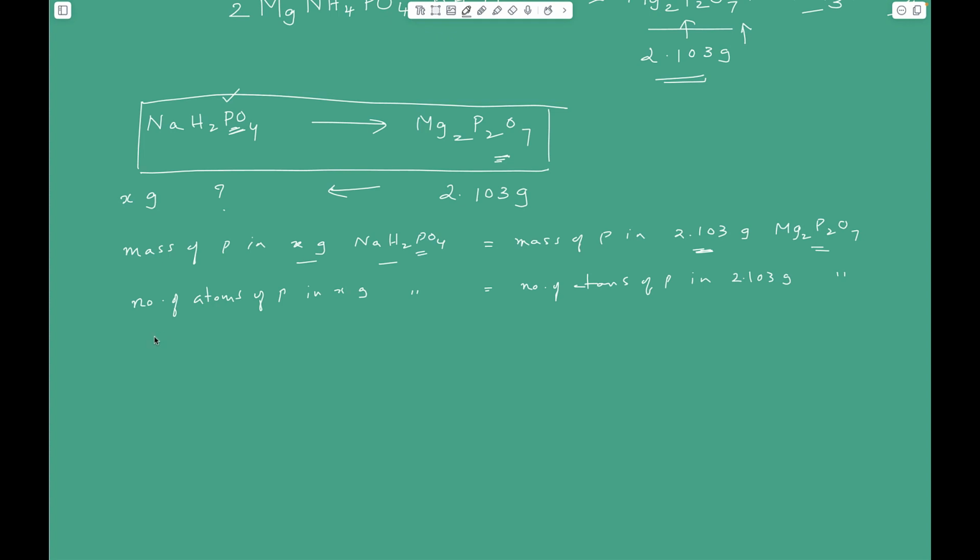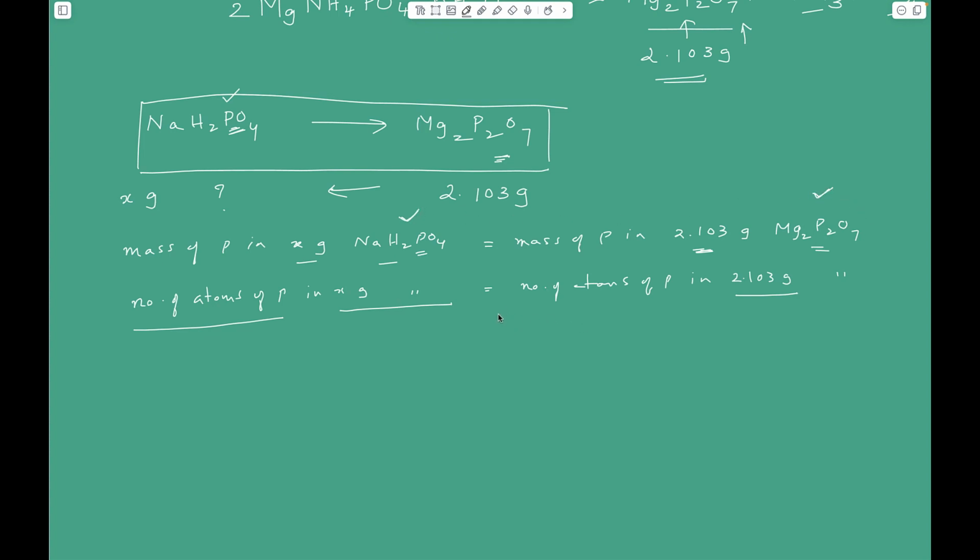Now how do we calculate the total number of phosphorus atoms in x grams of this compound and in 2.103 grams of this compound? Remember, x grams and 2.103 grams are masses of these two compounds respectively.